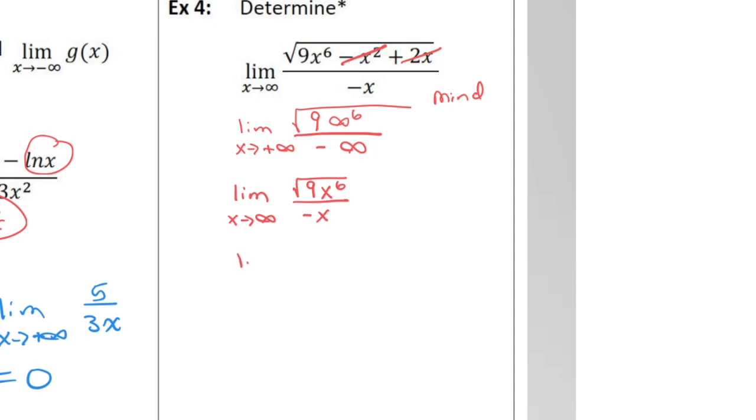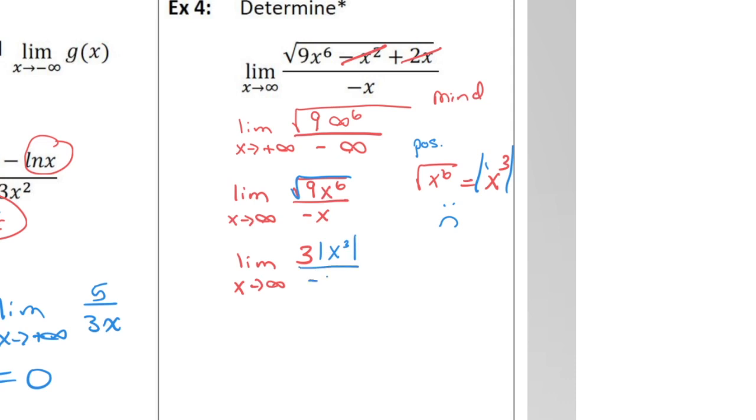Now I want you to think about the algebra involved here. When you take the square root of 9, you get 3. Of course you do. But then the square root of x to the 6th, you might say is x to the 3rd power, but you would be incorrect. It's actually the absolute value of x to the 3rd. And here's why. The square root of x to the 6th is always positive. The x to the 3rd could be positive or it could be negative. The absolute value will force it to be positive. So when we simplify the square root of 9x to the 6th, it's actually 3 absolute value of x to the 3rd.